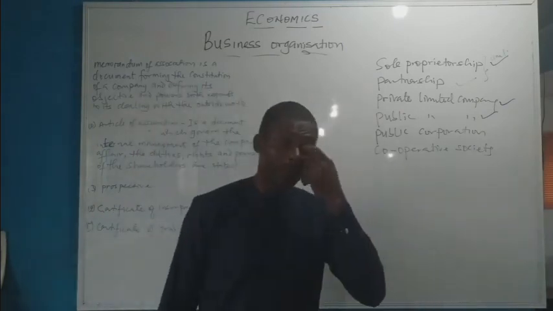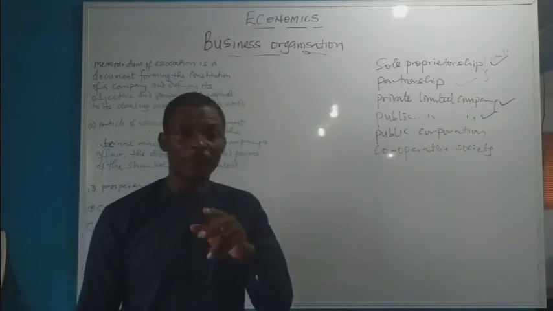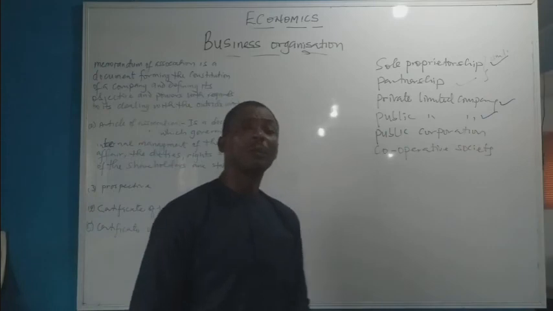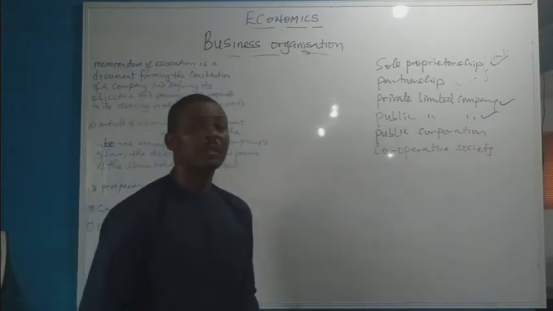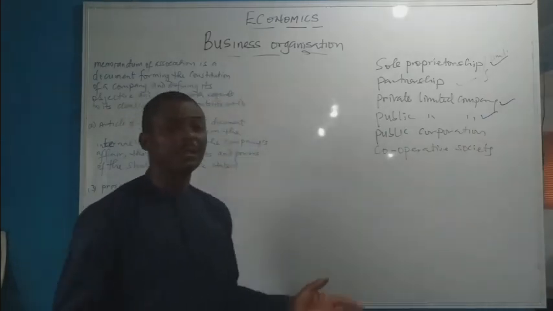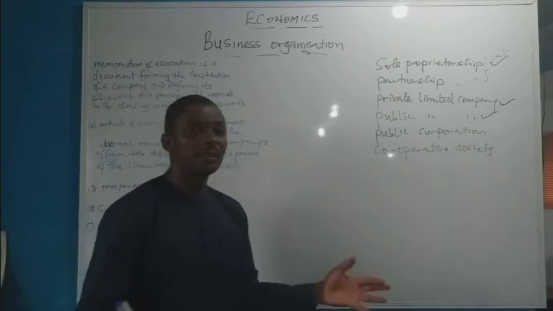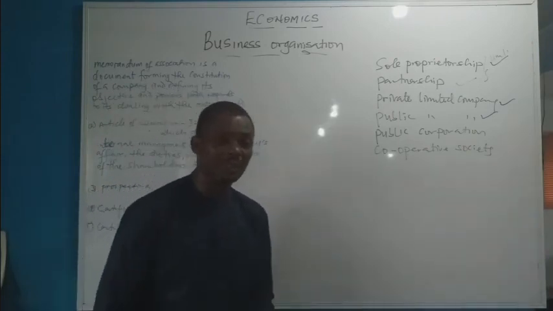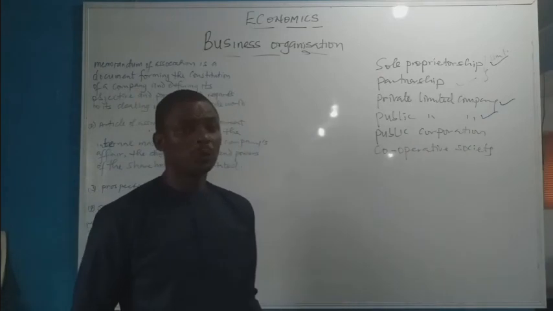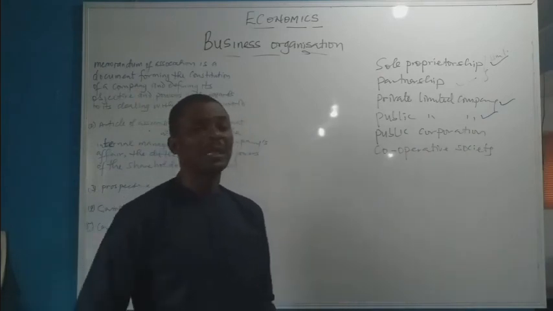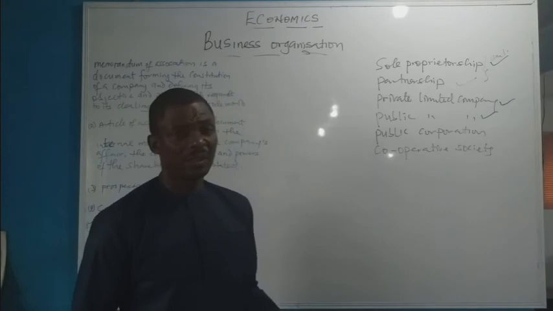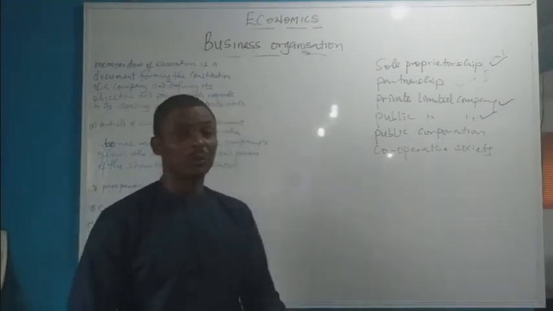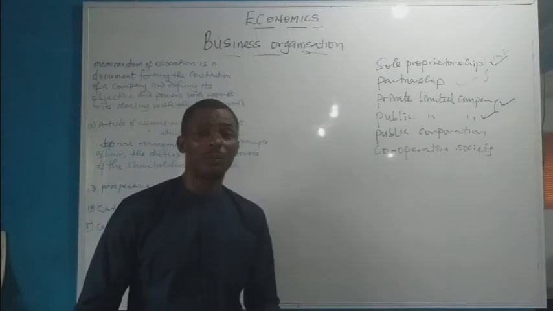Then the disadvantages include the following. Almost everybody will not be involved in doing the same thing and may not be helpful. Most of the people involved are illiterate, without professional qualification, and there's usually a problem.